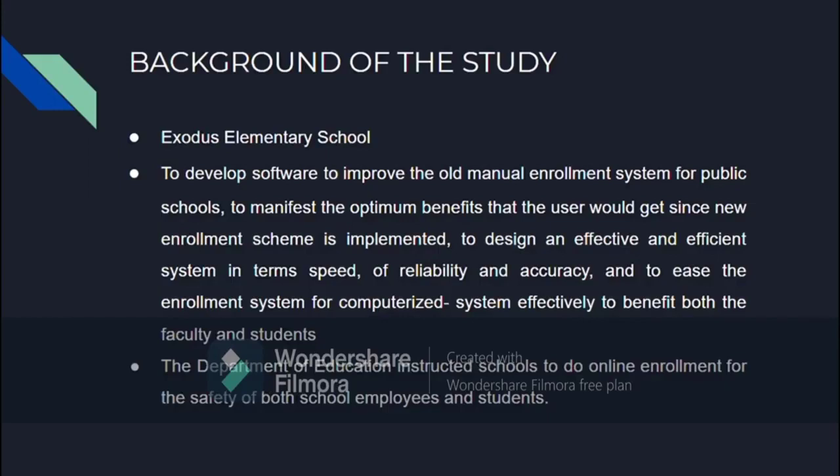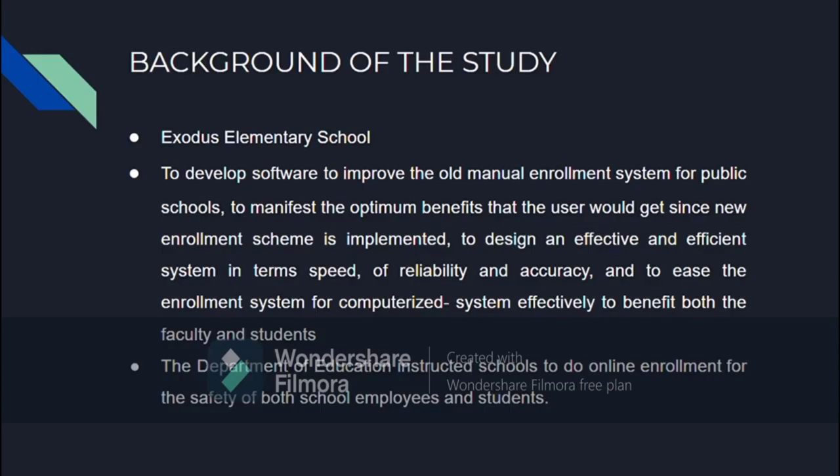So basically, our goal here is to replace the old transaction of Exodus Elementary School, which is paper. They use paper transactions for their enrollment system, and we would like to encourage them to use our system, which is an online enrollment system, to speed up the transaction.